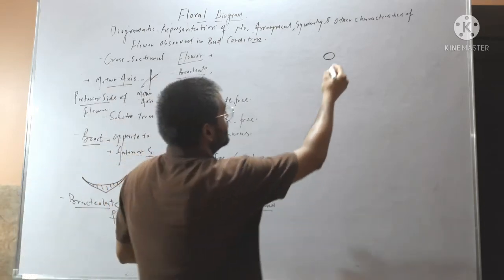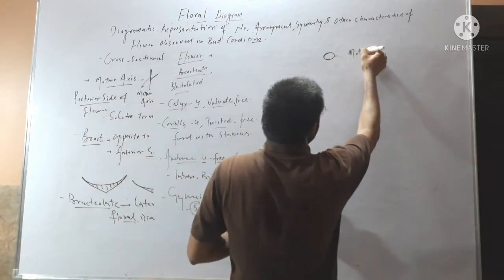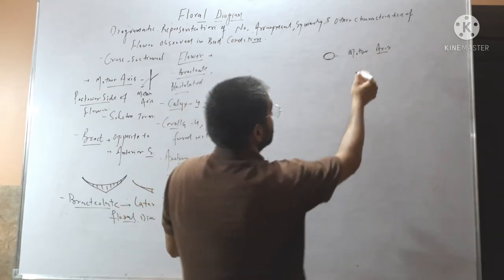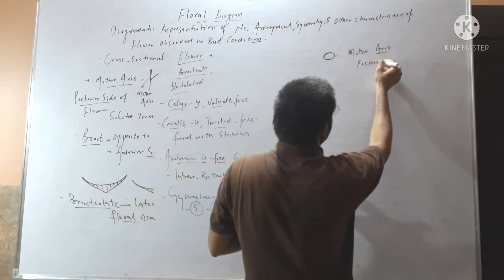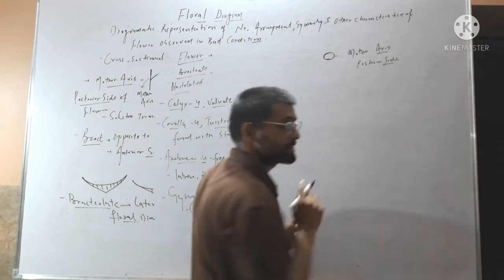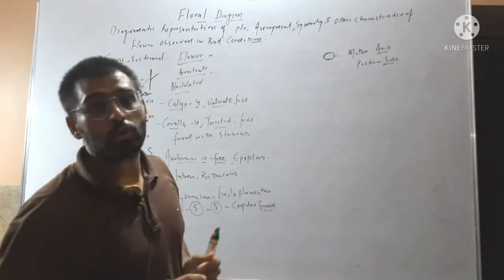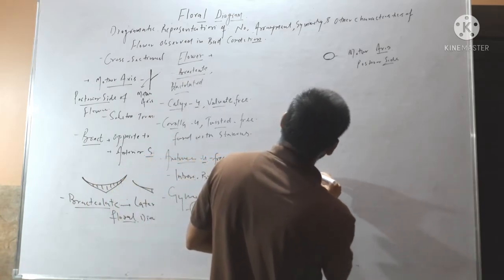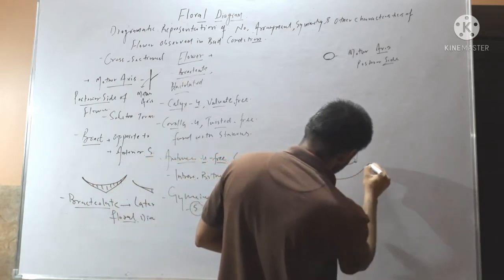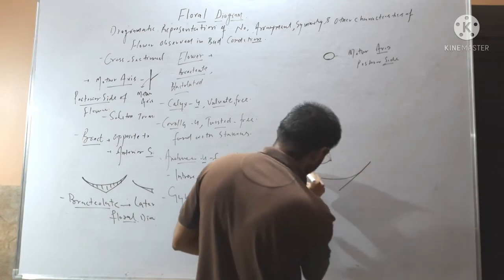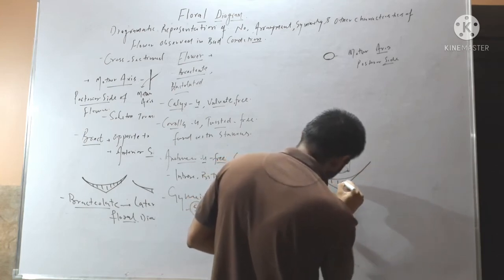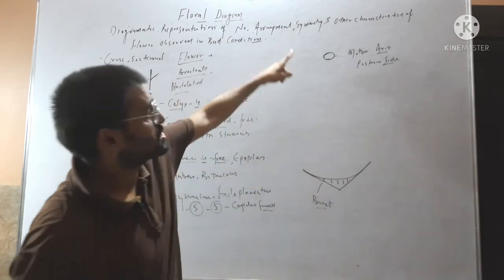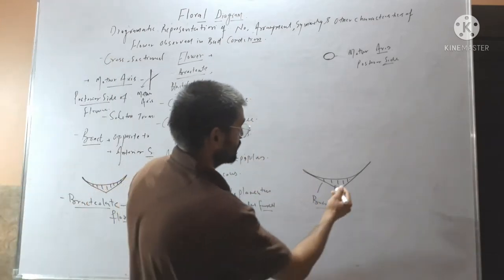This represents the mother axis, and this side will be the posterior side of the flower. Just opposite to this is the bract. So we will draw a bract there. We will draw an arc just opposite to the mother axis.